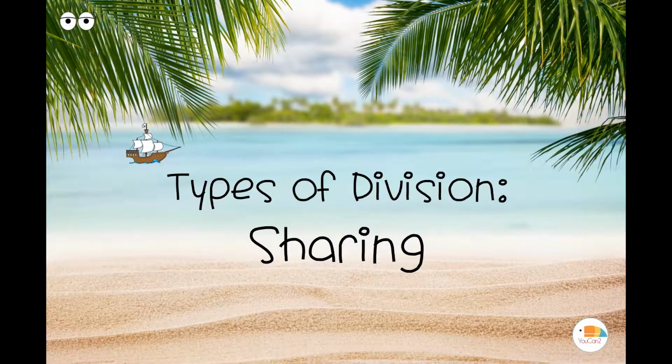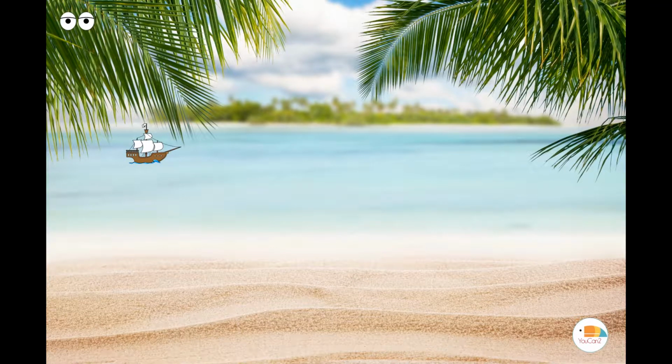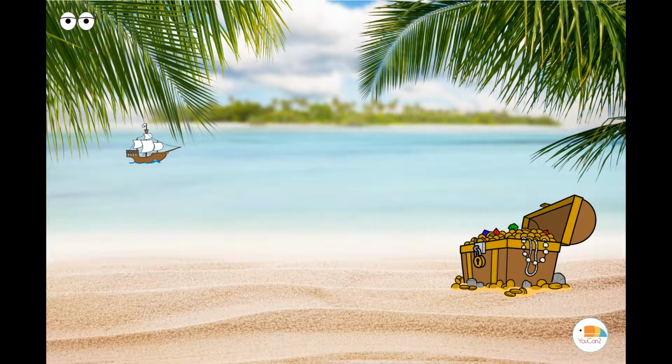What a beautiful day. Blue skies, white sand, a pirate ship floating in the lagoon. Wait! A pirate ship floating in the lagoon? Oh, that's right. They're your friends. And you found some gold to share with them. Awesome.